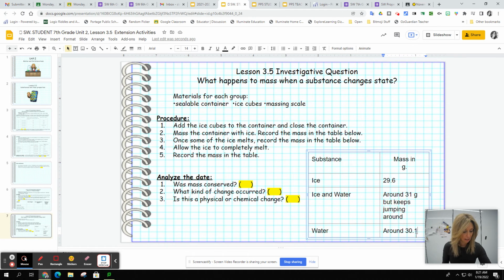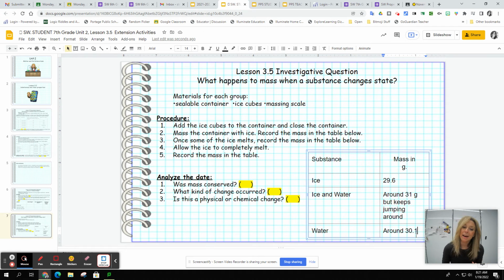All right. So let's take a look at our mass between ice and then water. We started out at 29.6. Okay? It hovered and it kept jumping around that 31. When I first put it on, it was below 30 grams, and then we saw it go up a little bit, and now we're back down to 30.1.